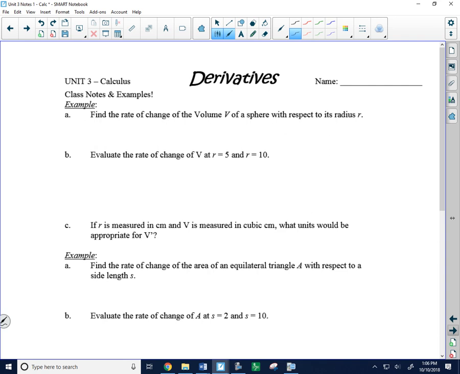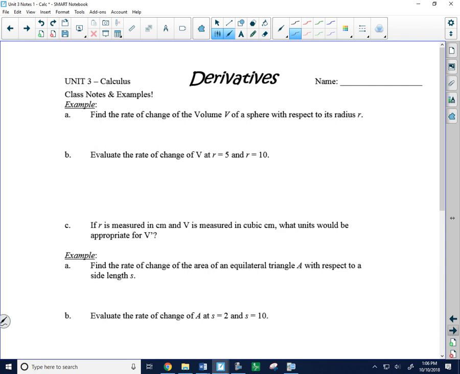Mainly what I'm going to do in the next couple pages is give you several examples of these different types. The first one, and I went in the order of the ones I described there, is simply that you have a shape. It could be a triangle, circle, prism, any type of geometric shape, basically. It's going to ask you to find the rate of change of that shape with respect to the radius.